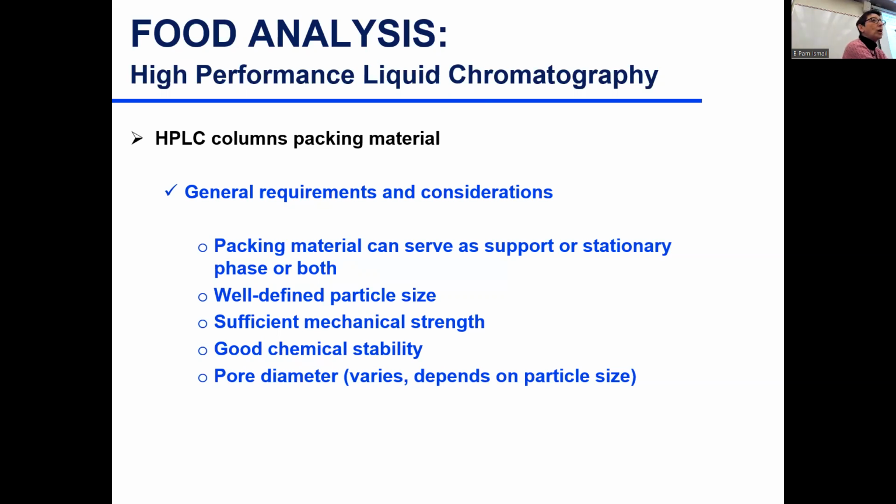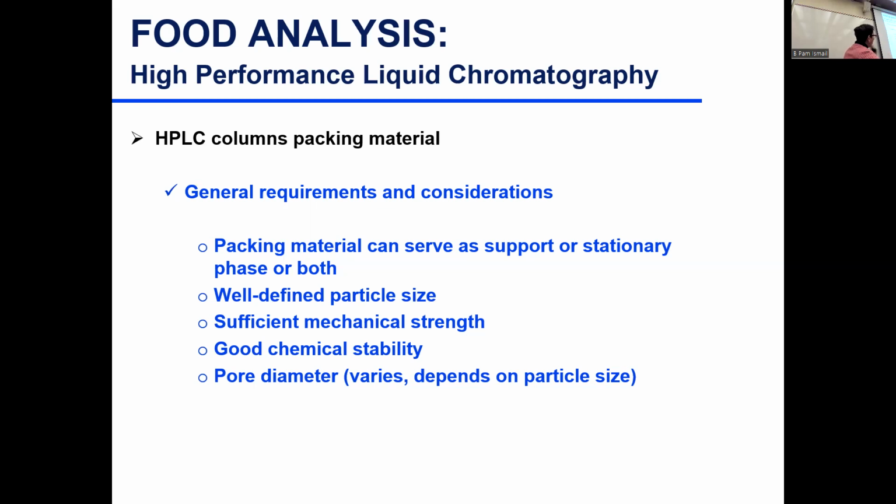It's really narrow and tight and small particle size. You have enough mechanical strength so that you can run under high pressures. Good chemical stability in general. You do lose chemical stability with overuse of your column. You can deplete your functional groups or degrade them.